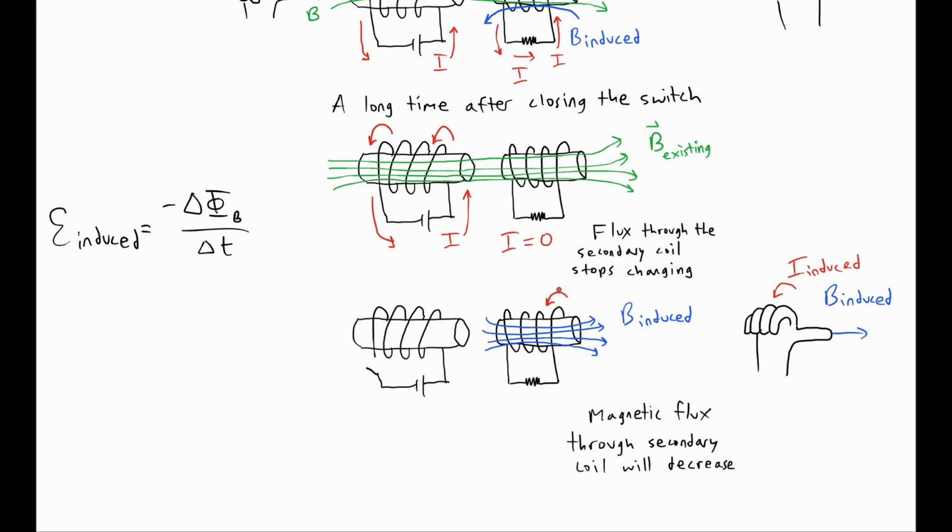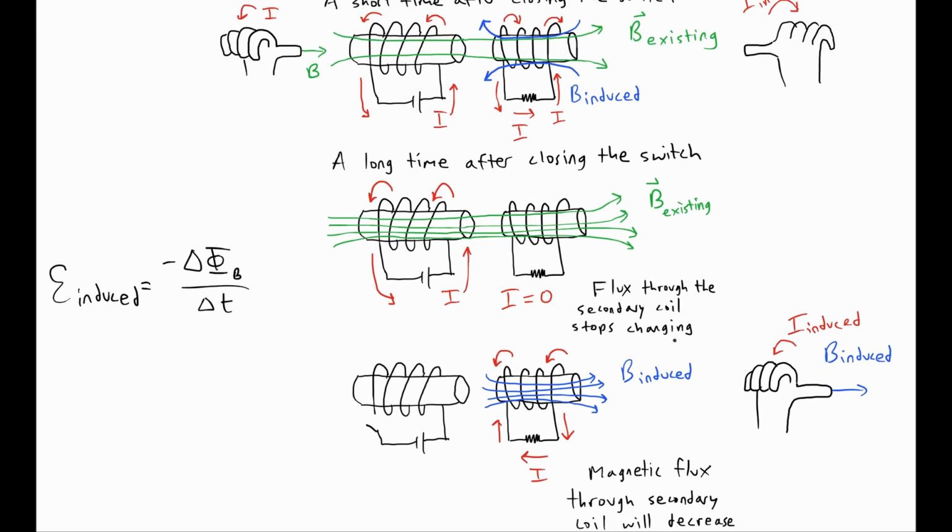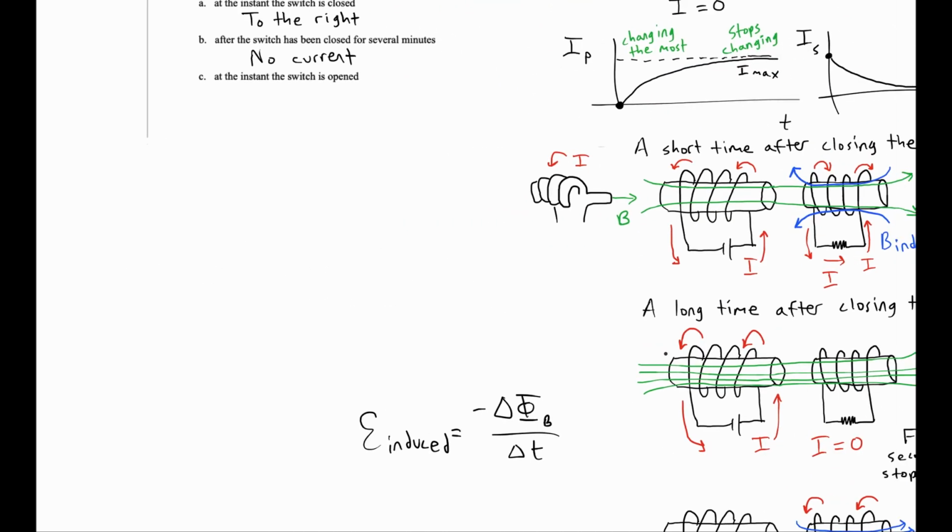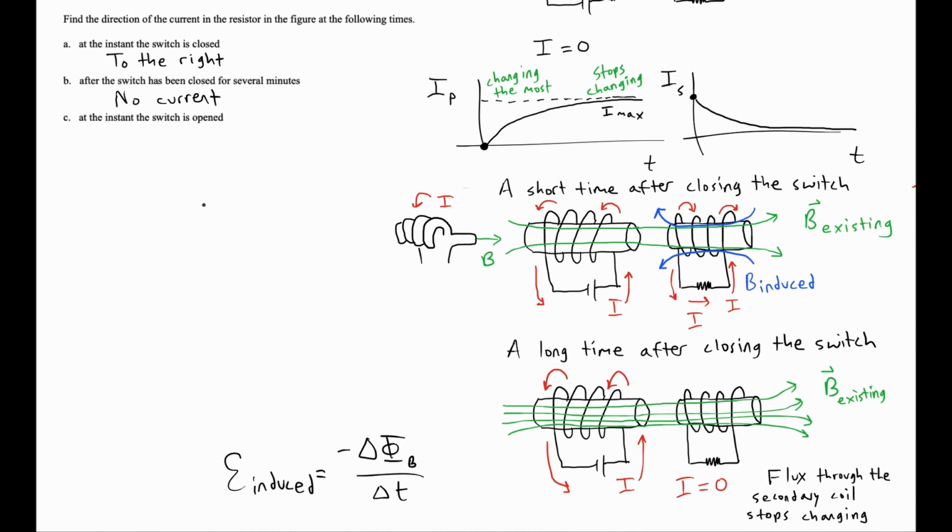So the induced current flows this way. That means it's going to come down this wire, and we're going to go to the left through the resistor, the reverse of what it was above. So at the instant the switch is opened, current will flow through the resistor to the left.